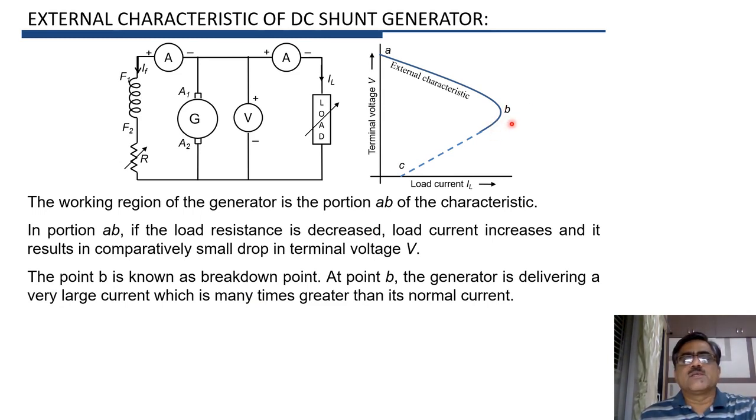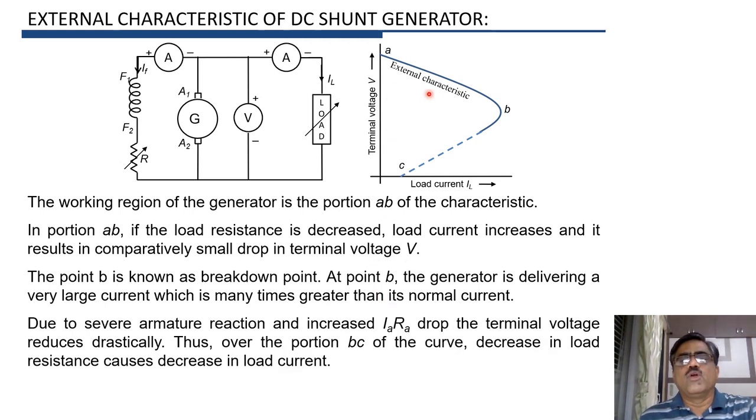At this breakdown point, the current supplied by the generator is many times greater than its normal current, and therefore there is excessive IARA voltage drop in armature, as well as excessive voltage drop due to armature reaction. Because of these excessive drops, this terminal voltage V reduces drastically.